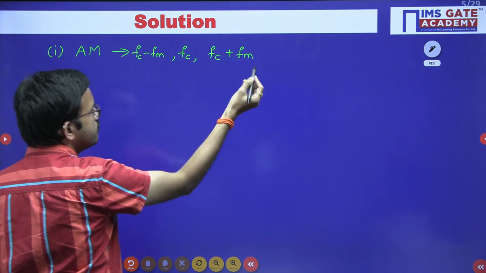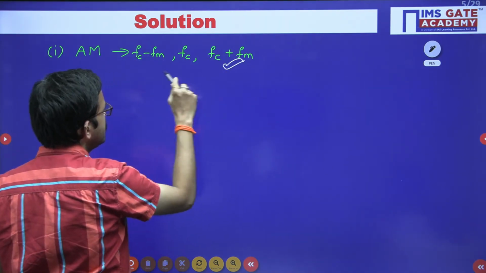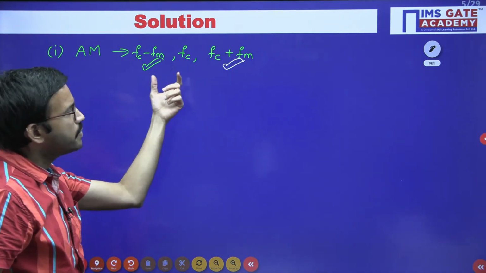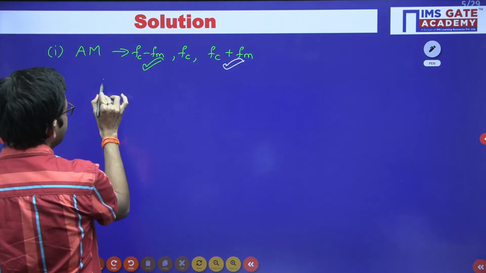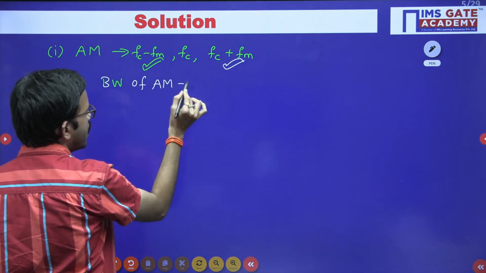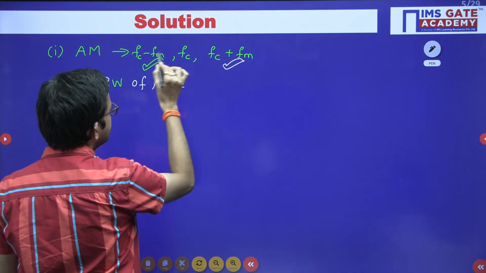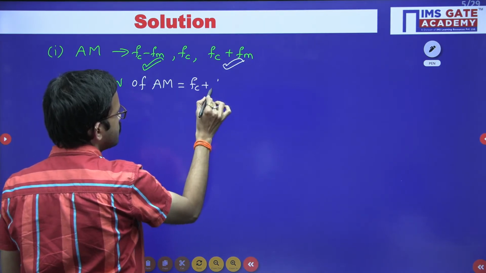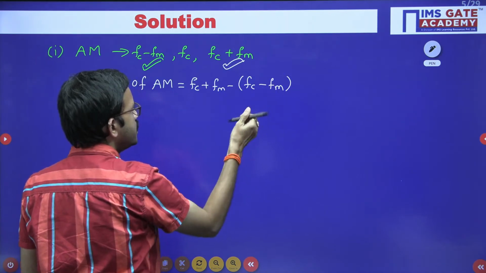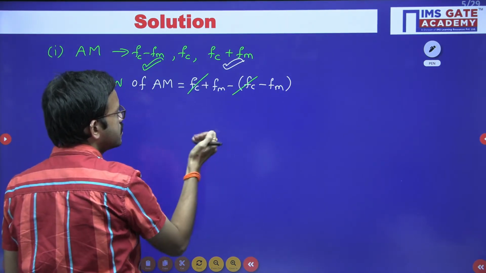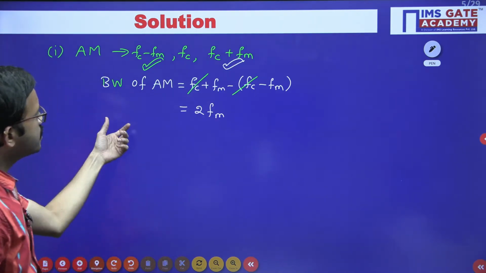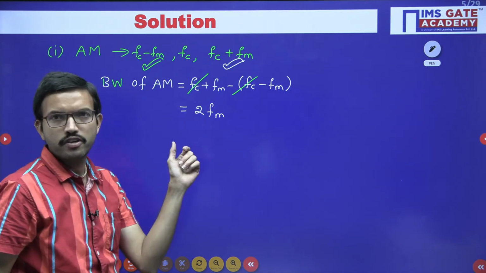Among these frequencies, FC plus FM is the maximum and FC minus FM is the minimum, so the difference of these two is the bandwidth. For one signal, the bandwidth of AM is FC plus FM minus FC minus FM. FC cancels, minus of minus is plus, so you get 2 FM. So the bandwidth of an AM modulator is 2 FM.